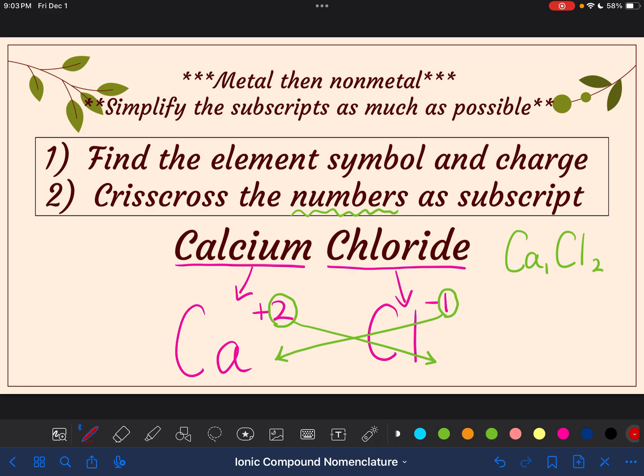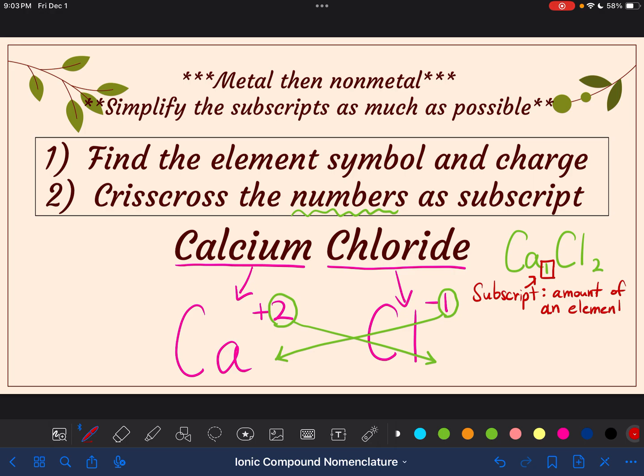If you don't remember what these numbers represent, these are subscripts. What are subscripts? They tell you the amount of an element.